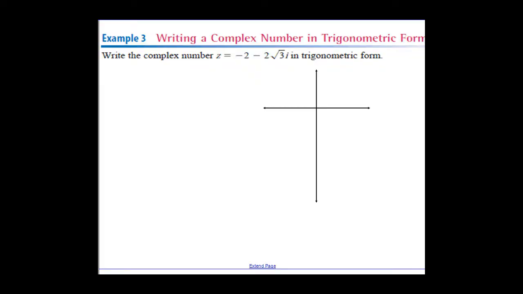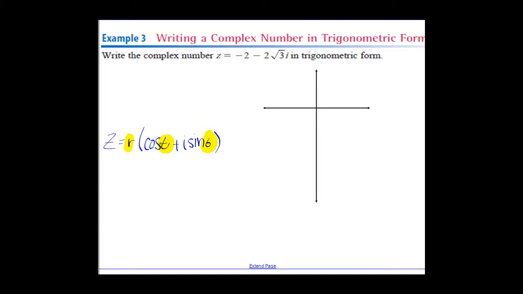All right, example 3, we're asked to write this given complex number in trig form. So, quick reminder, trig form looks like z is equal to r, open parentheses, cosine of theta plus i sine theta. So things we need include the r, which is always positive, and this value of theta, which will always be the same.